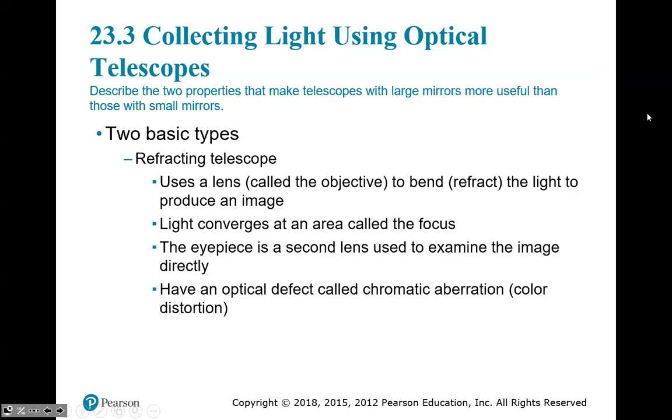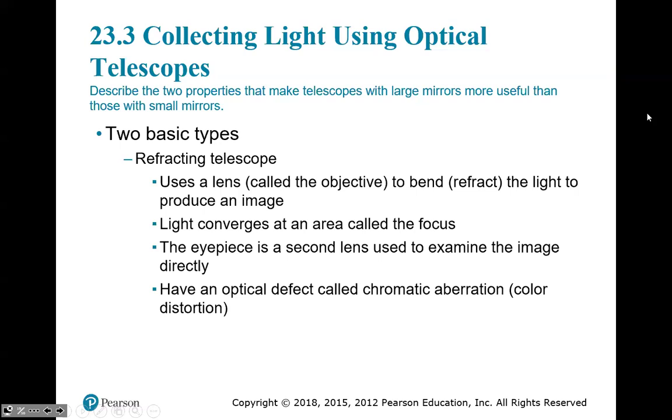One of the problems with refracting telescopes is something called chromatic aberration. This is a problem with all lenses: they distort color, because basically lenses act like prisms. They bend light, but they bend different wavelengths different amounts.